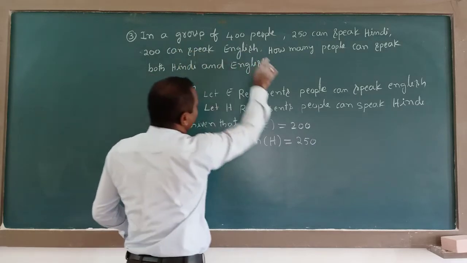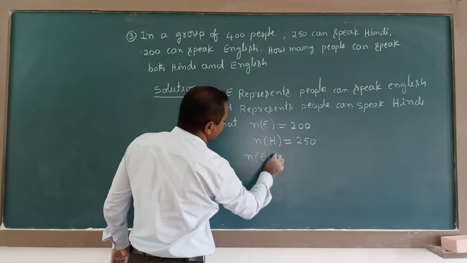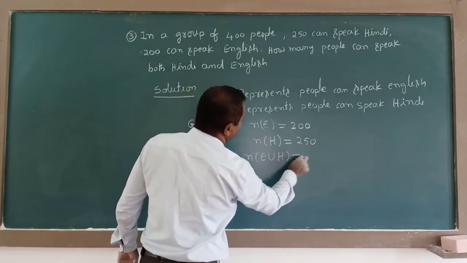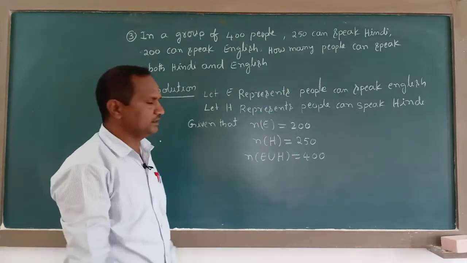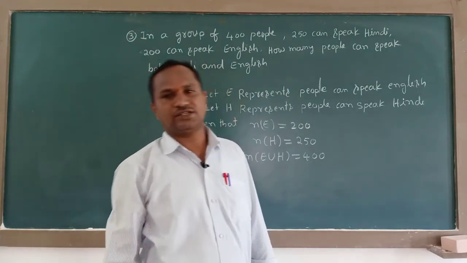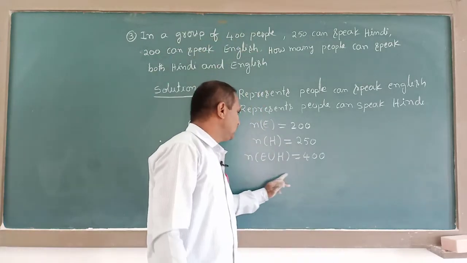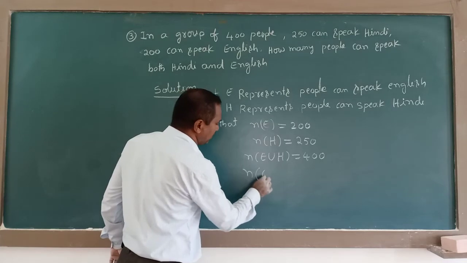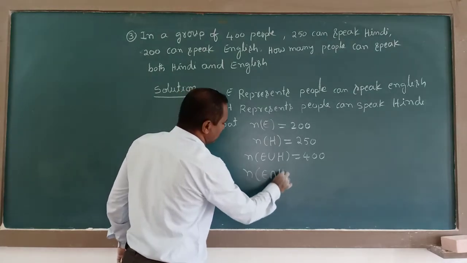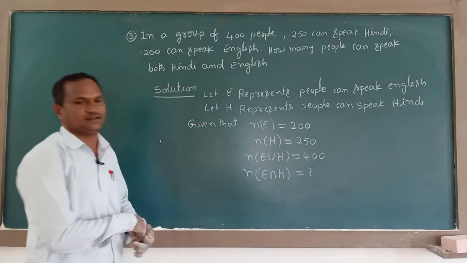In a group of 400 people, combining them, n of E union H is 400. All will come in 400. Either speak English or speak Hindi. That's why we can take n of E union H is equal to 400. But n of E intersection H, how much are they asking here? Question mark.